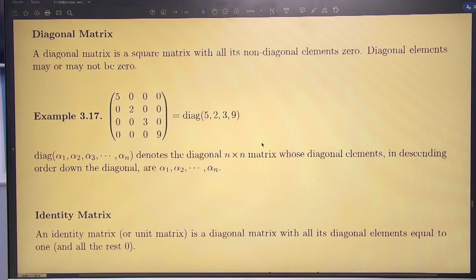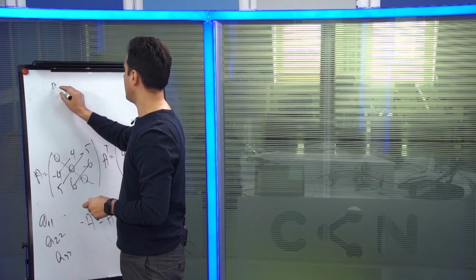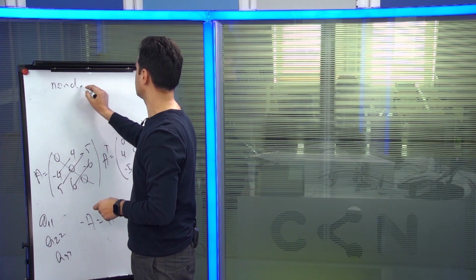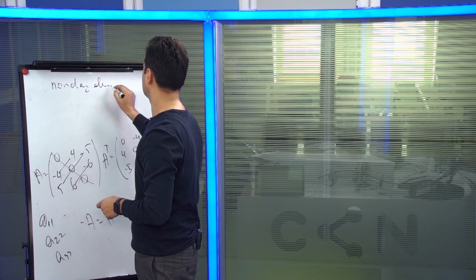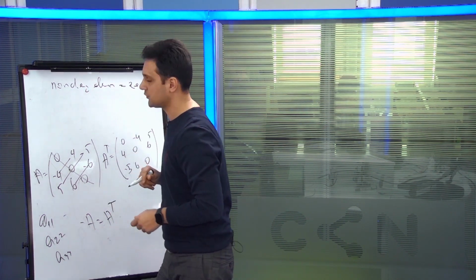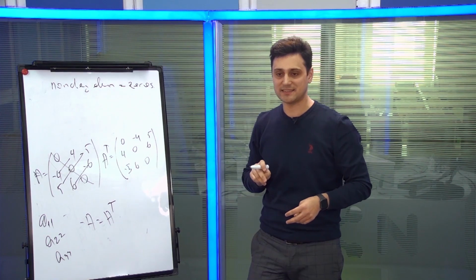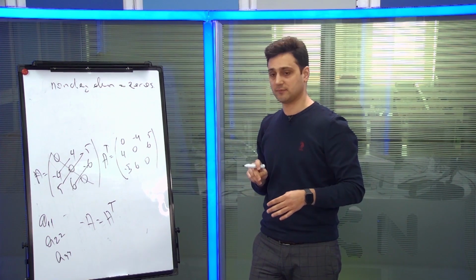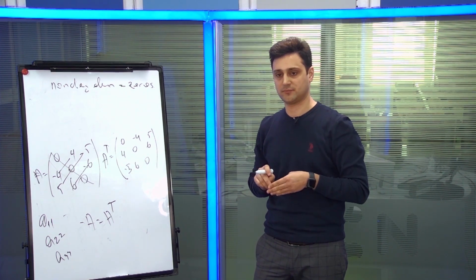So the non-diagonal elements are equal to zeros. The diagonal elements themselves can be 0, right?